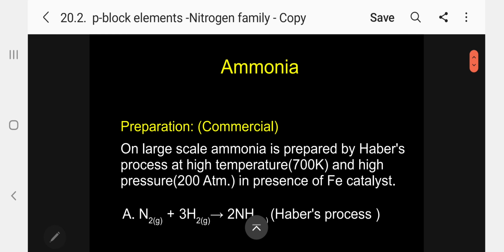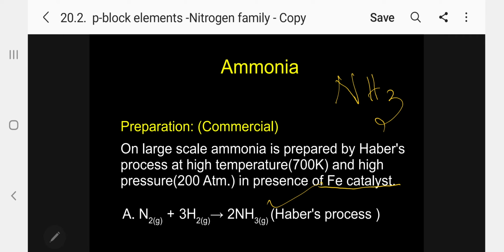First, let me take ammonia. We know the formula NH3. Preparation, commercial, large quantity. On large scale, ammonia is prepared by Haber's process at a high temperature, 700 Kelvin, and high pressure, 200 atmosphere, in presence of iron catalyst.